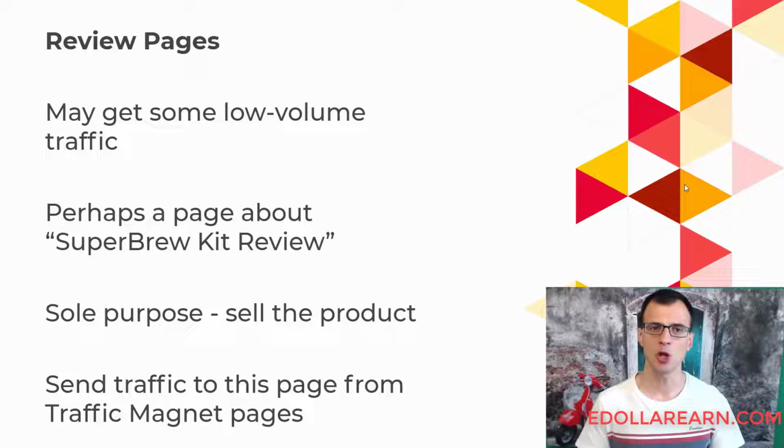They may get some low volume traffic because there are often people who search for reviews of products. So hypothetically speaking, this is not a real product, by the way, if you build a page about Super Brew Kit review, let's say there was a product, Super Brew Kit or something along those lines, you can make a page about Super Brew Kit review, and you may end up ranking that page on the first page of Google.